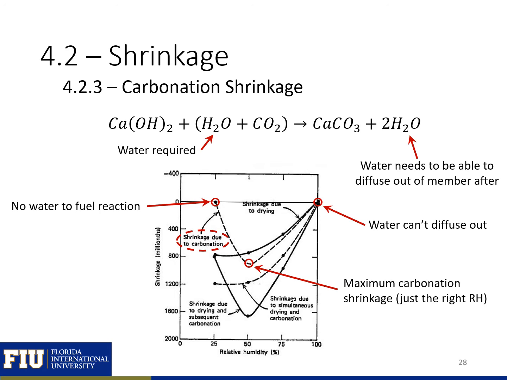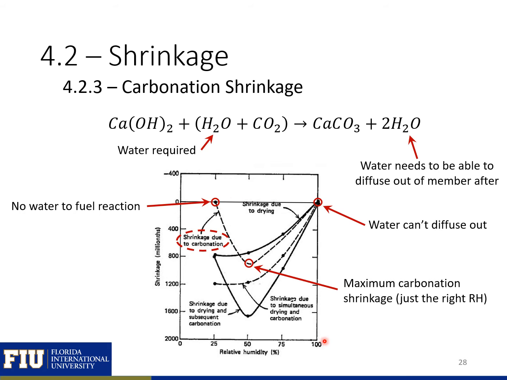We can see that water is required to drive the reaction, and it's a product of the reaction. So here's plotted the shrinkage versus relative humidity for carbonation shrinkage. If we have a low relative humidity, we're not going to have any water to drive the reaction, so we'll have zero shrinkage due to carbonation.